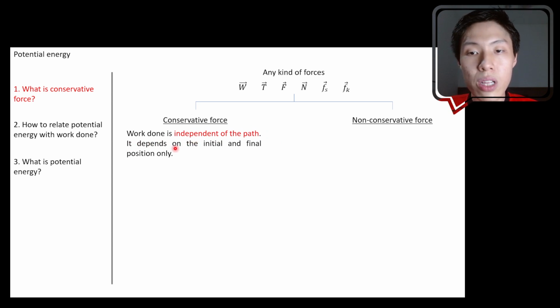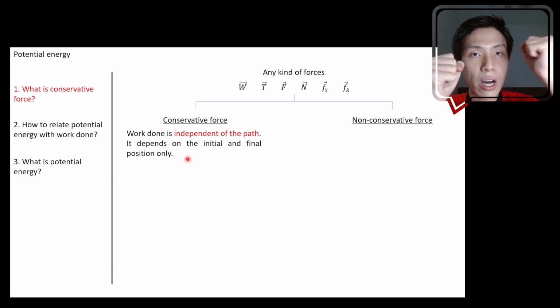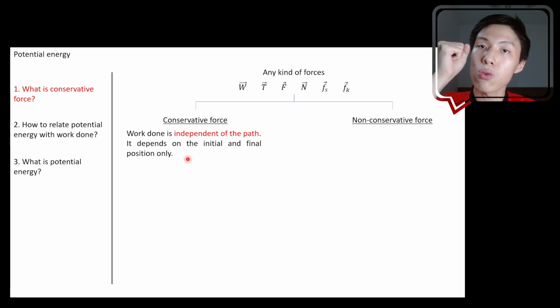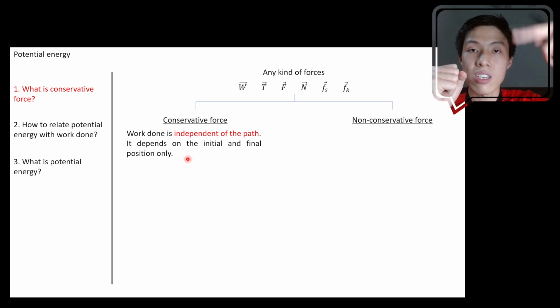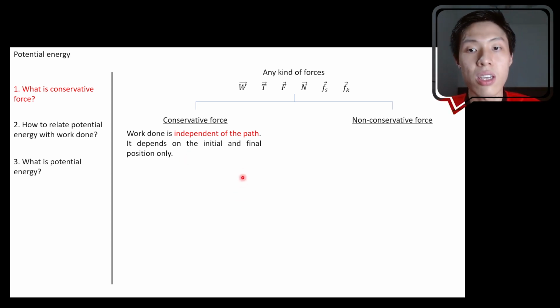It depends only on the initial and final position. It cares about where you are earlier and where you are later, but doesn't care how you get from the earlier position to the later position. The path in between is none of our concern if we talk about conservative force.